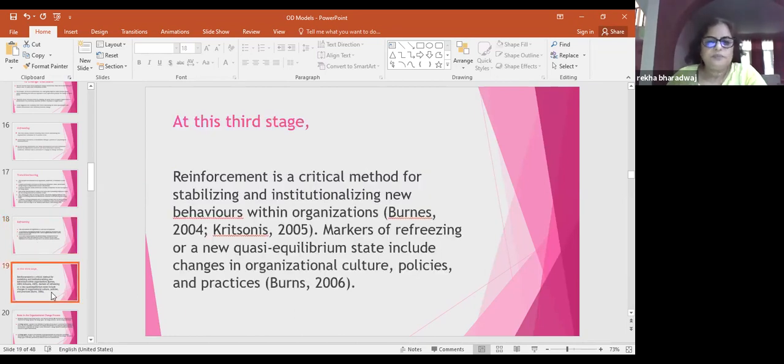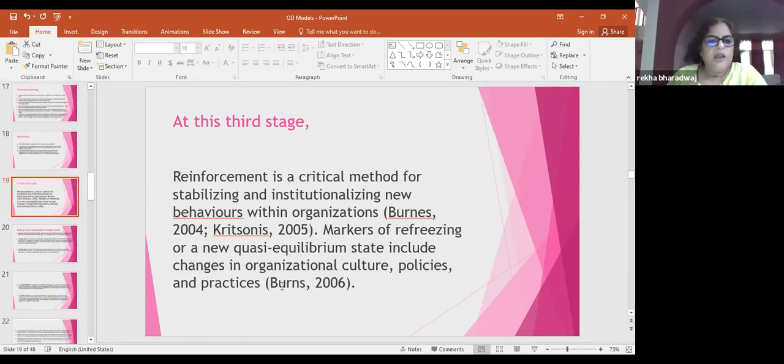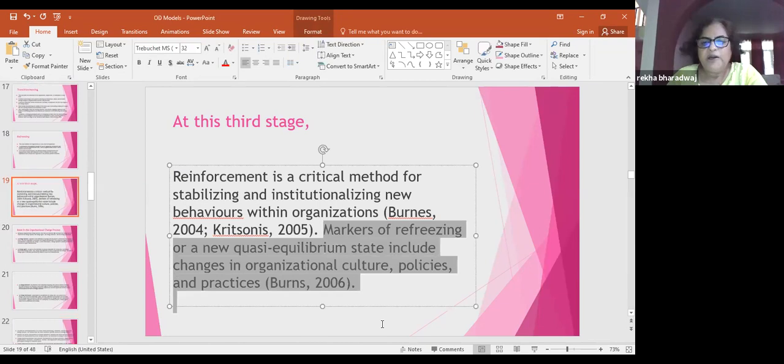Now, what is important at the refreezing stage is that the top management, if we are talking of organizational change, accepted the policies are in line with the changes that are being made and the practices that are followed. Now, I'll tell you something very typical that happens.